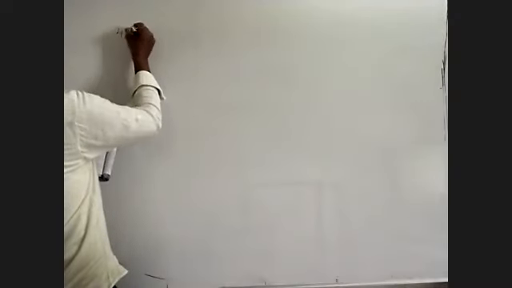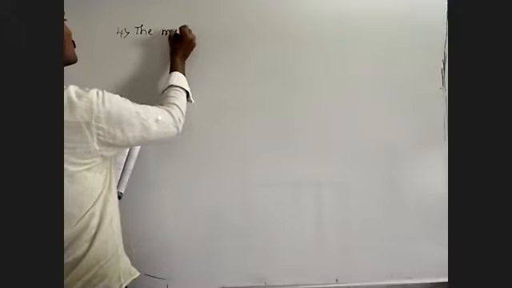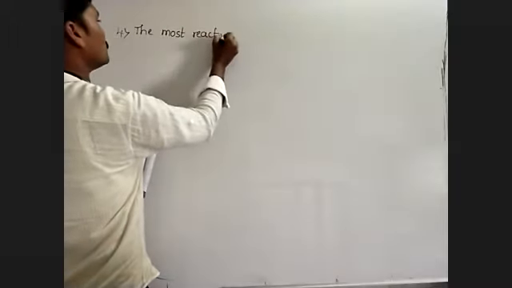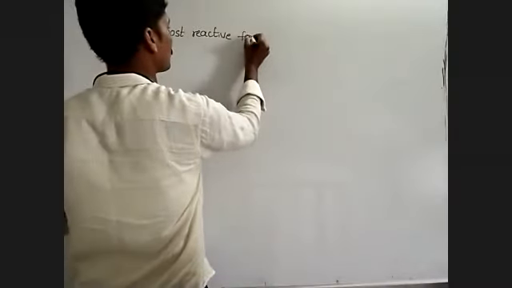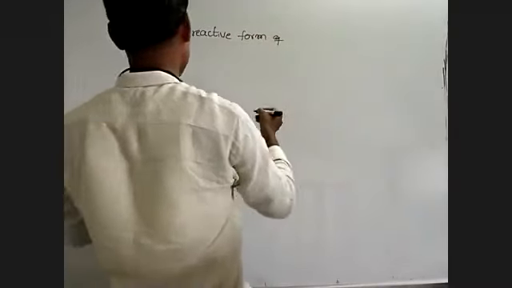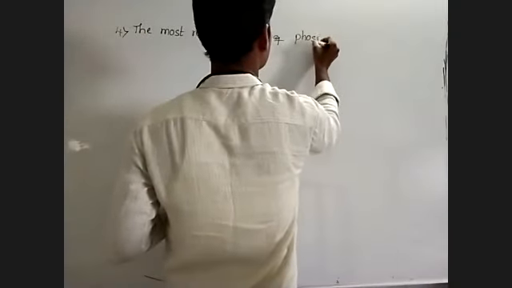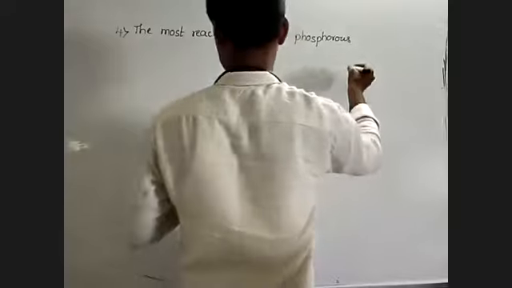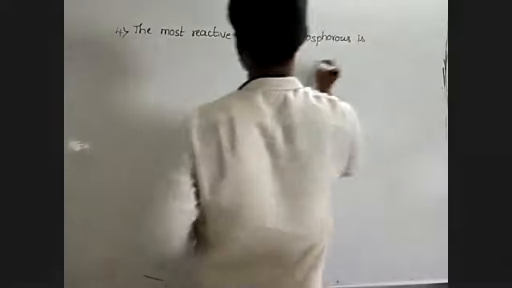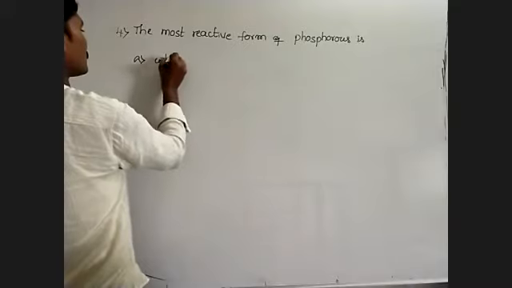Why? Because it contains discrete P4 molecules, white phosphorus, with high bond angle strain. Bit number 4, the most reactive form of phosphorus is: A, white phosphorus.